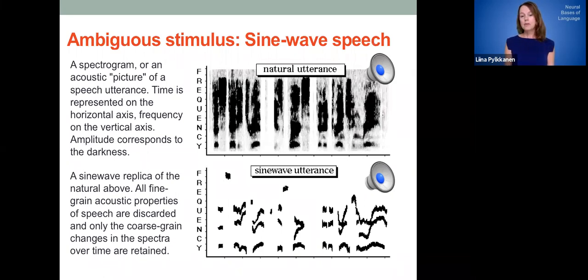And the sine wave utterance is basically just a very impoverished version of the natural utterance, where we basically get rid of all the acoustic detail and just maintain the very coarse changes of the spectrum. And what's interesting is that even though we've changed the signal so dramatically, it's still possible to understand the signal if you have the right kind of top-down knowledge going into the task.